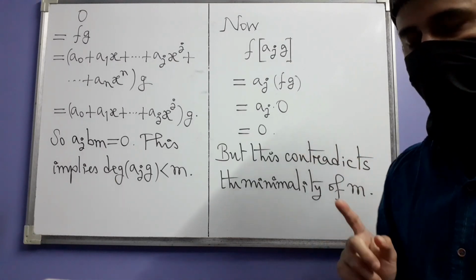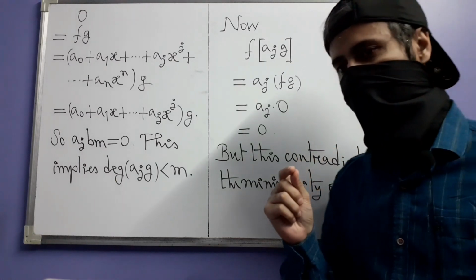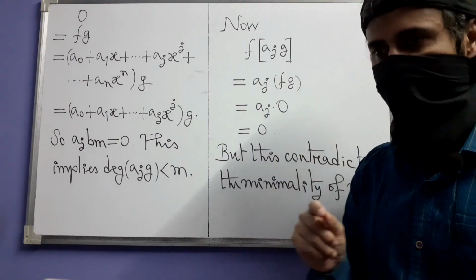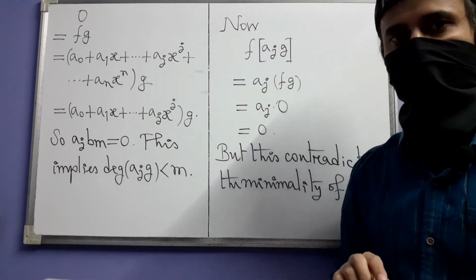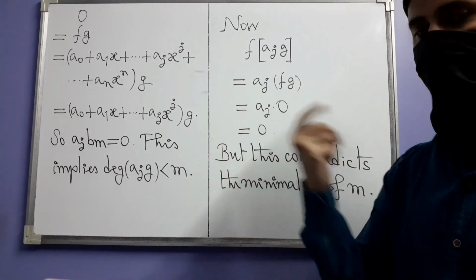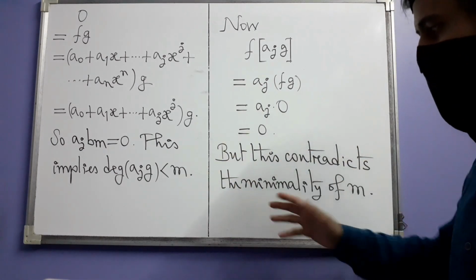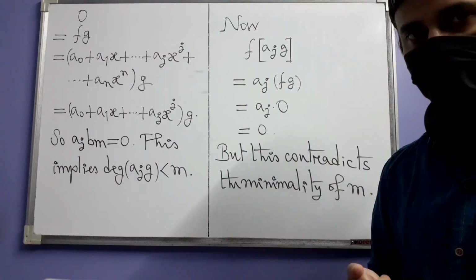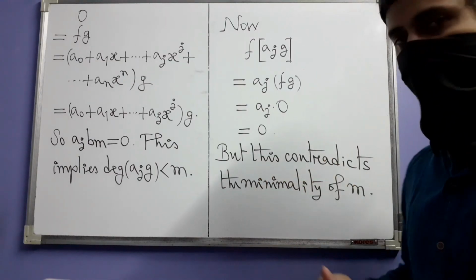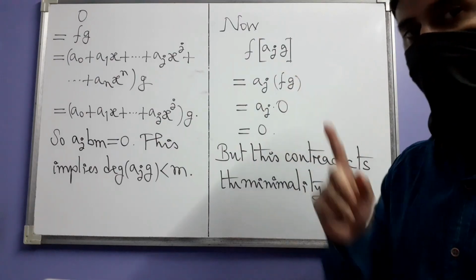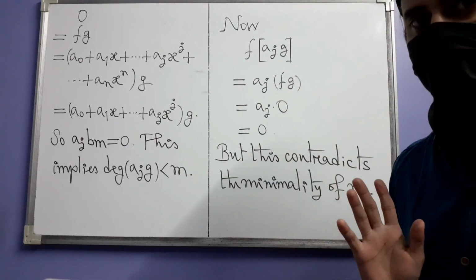Recall what m is. m is the smallest possible degree of a non-zero polynomial, so that if you multiply f with that polynomial, you should get 0. But that itself has been contradicted. And now we have nowhere else to go. We have to now declare that this is a dead end, so our original supposition must be wrong.